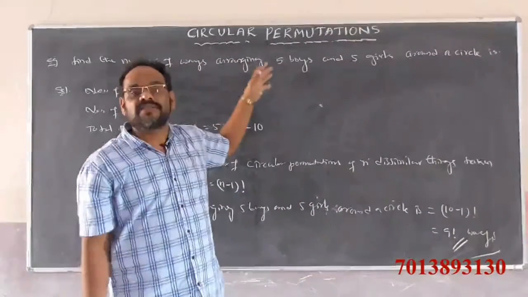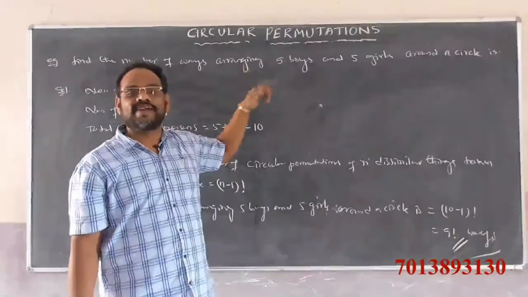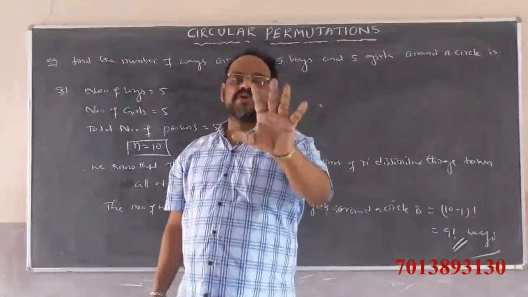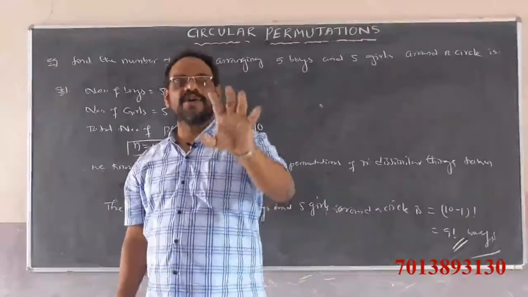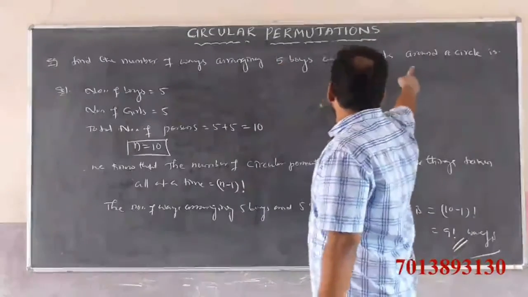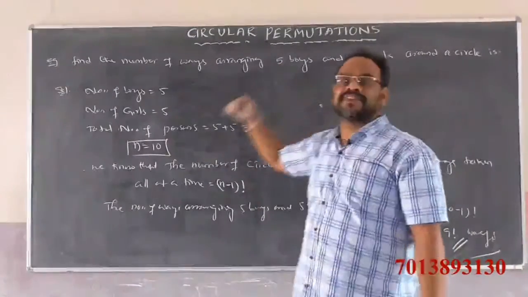Observe here one example. Find the number of ways of arranging 5 boys and 5 girls around a circle. 5 boys and 5 girls, total number of persons is equal to 10. So n value is how much? 10. Around a circle means we want the number of circular permutations.